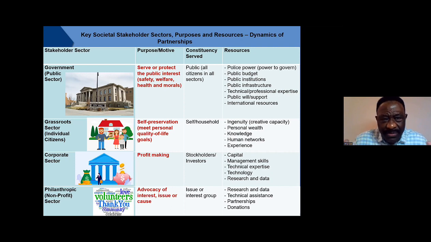What's the importance of this slide? Each sector brings something to the table, and we must be able to capitalize on those resources and assets in order to make everybody a productive part of society. And the SDGs, ladies and gentlemen, require that everybody plays their role responsibly. No matter how small their role may be, it's important to the collective effort of society.